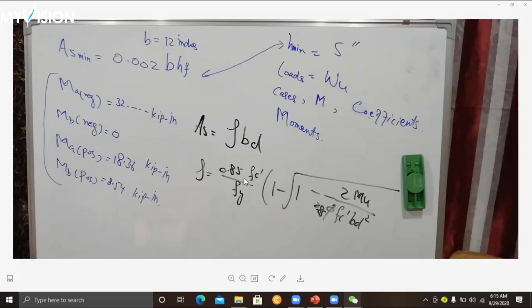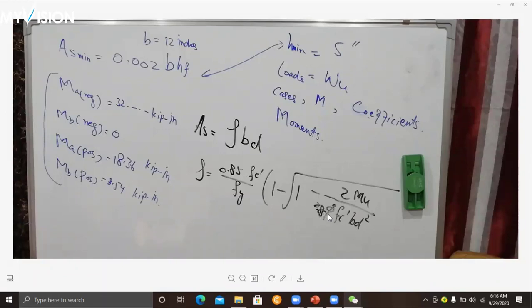You have the value of fc prime, that is 3 ksi, fy value is 40 ksi, 1 minus square root of 1 minus 2 Mu. Mu is basically the value of these moments. If I am calculating the area of steel for this moment Ma negative equals 32, then I have to put this 32 value over here, multiplied by 32, then divided by 0.85.